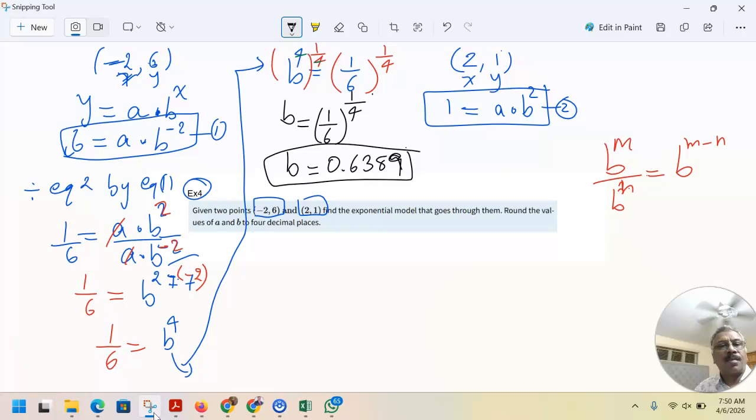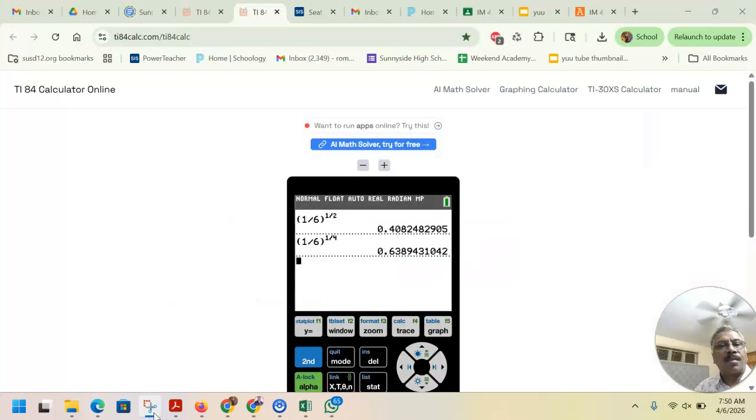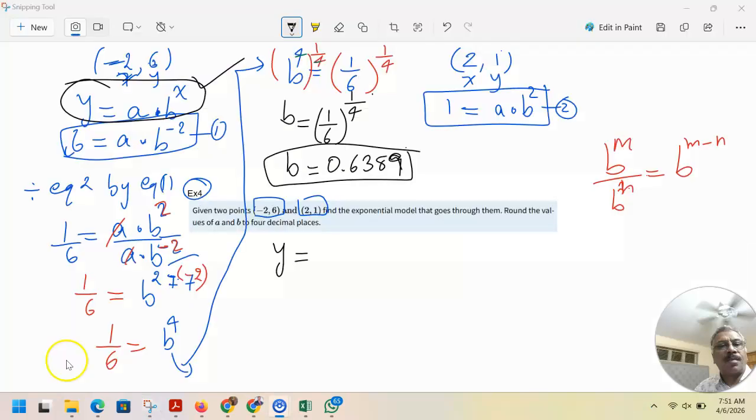So the equation now will be, see, this was the original equation. So the equation is y equals a times, and b is 0.6389.